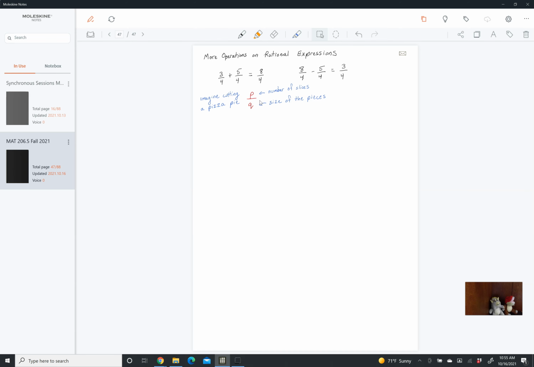So if we have 3 over 4, that would be saying that we have 3 slices that are each 1/4 of a pizza pie.